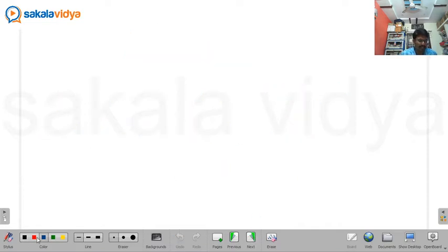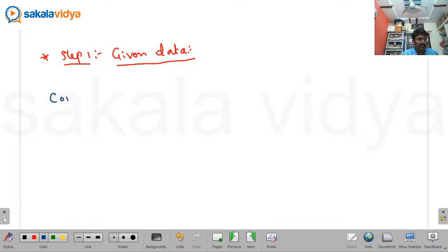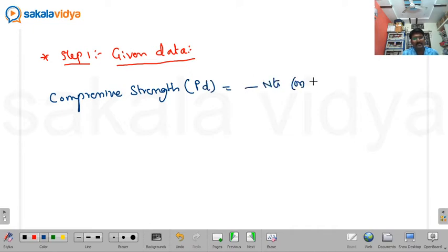First and foremost, step number 1: given data. In this type of question, the design compressive strength is given, that is PD, whose units are Newtons or kilonewtons.